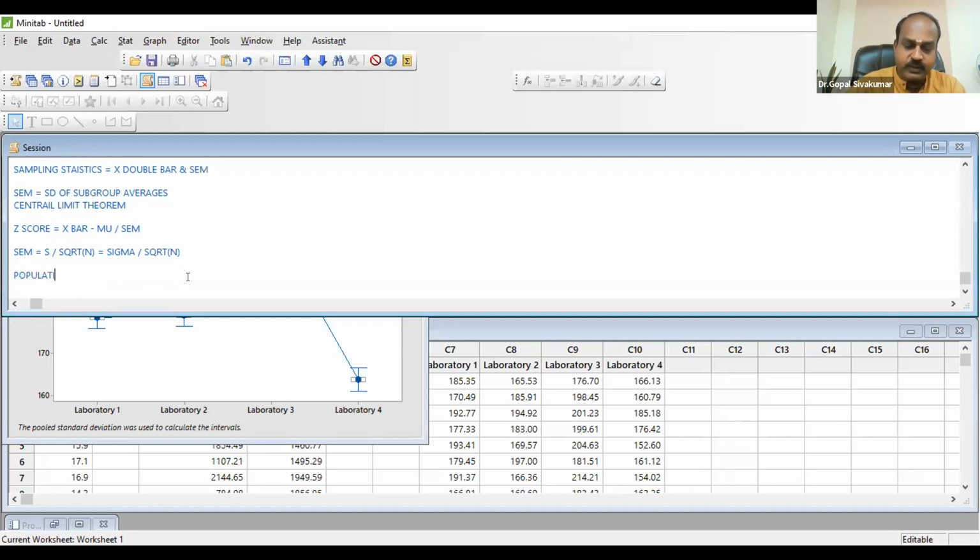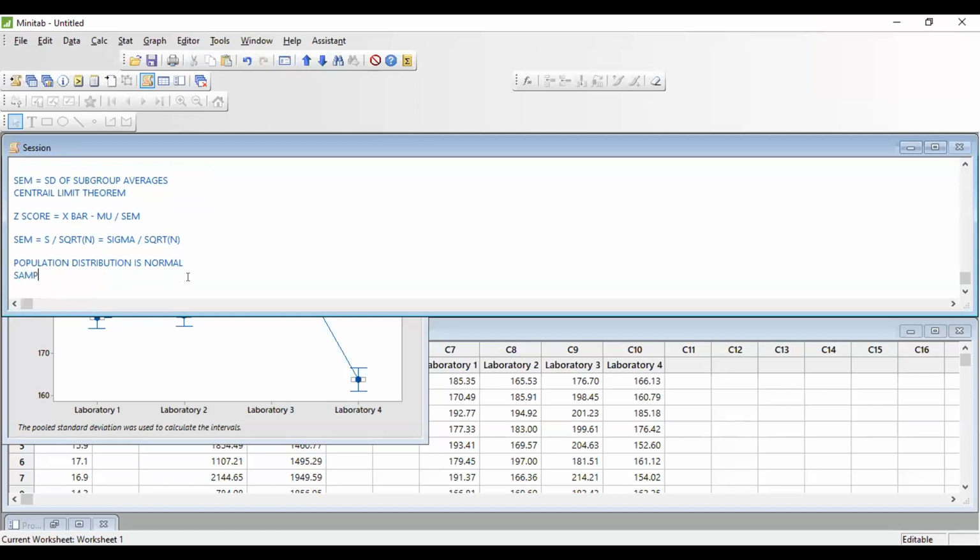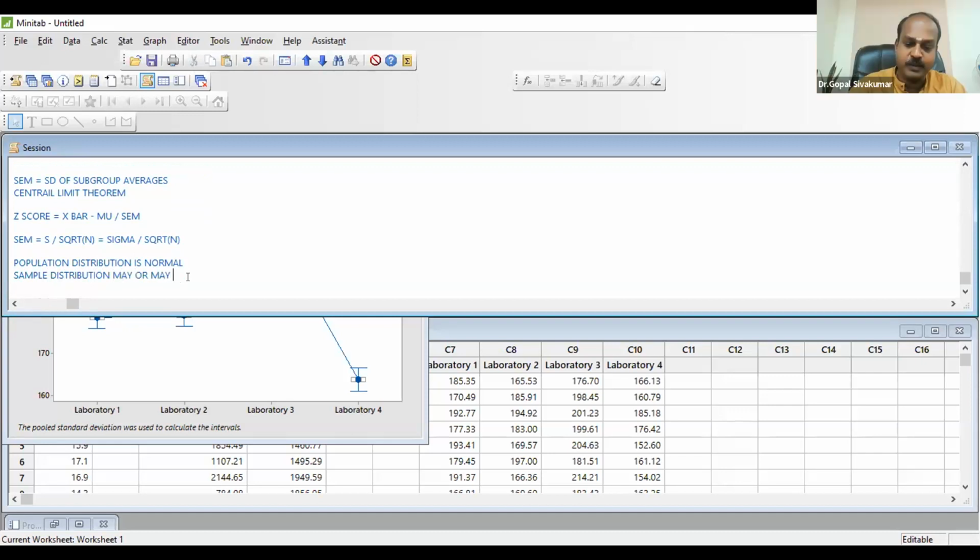All right. So now listen to me very carefully. If the population distribution is normal, meaning the bell curve, the histogram is normal, the sample distribution may or may not be normal.